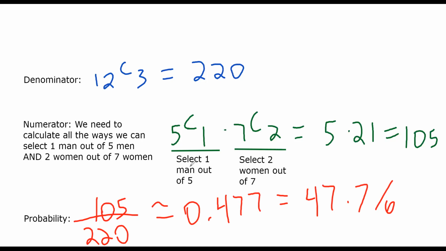So if you just randomly select these people, there's a 47.7% chance you'll get exactly 1 man, exactly 2 women. So useful stuff, useful stuff.